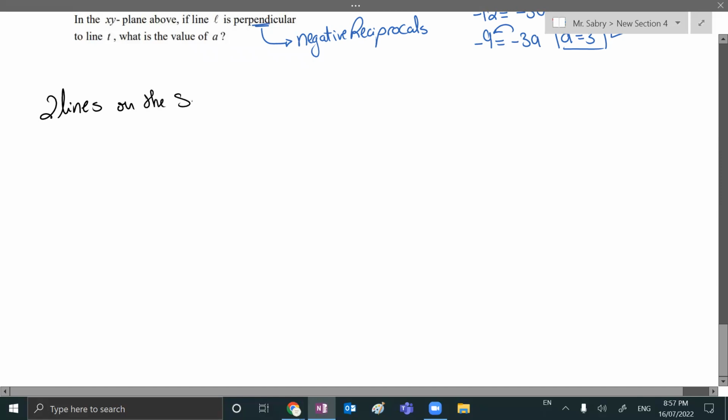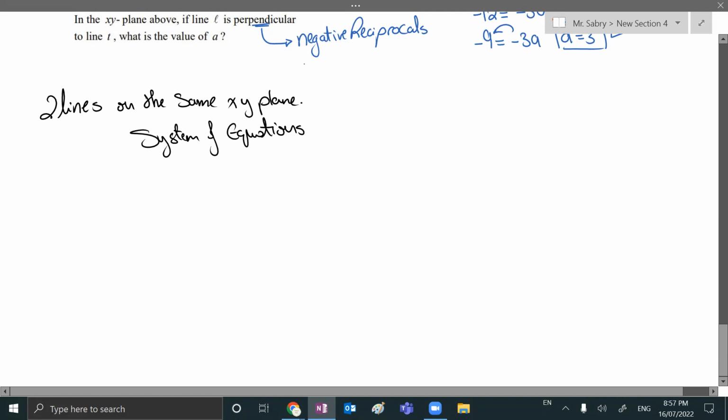And whenever we have two lines on the same xy plane, this is what we call a system of equations, because they're not one, they're two. There could be three, there could be seven. The most common ones we work on are two equations at the same time.